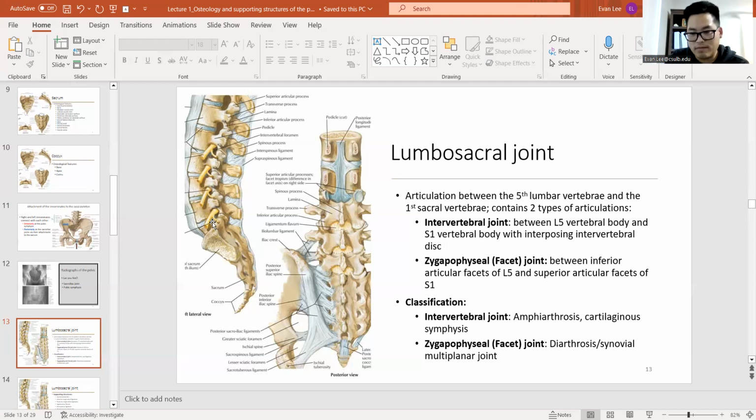So this does allow for some movement, but not a lot. And then the zygapophyseal joint, that's also going to allow for some movement, but a little bit more than the intervertebral joint.